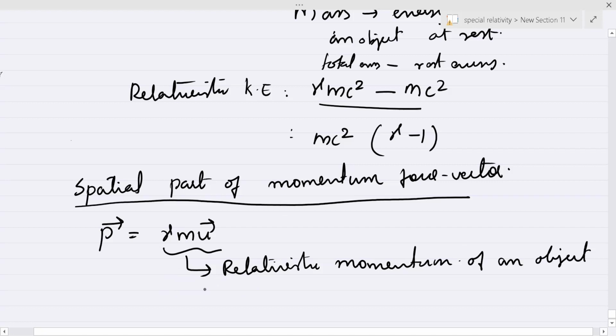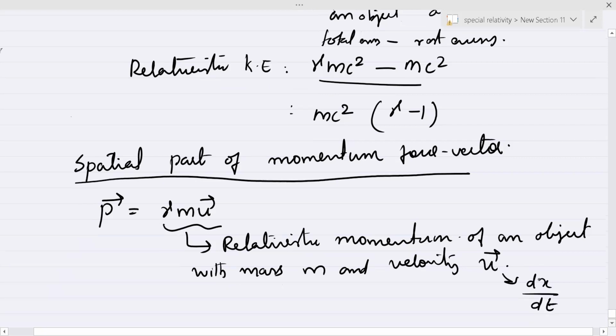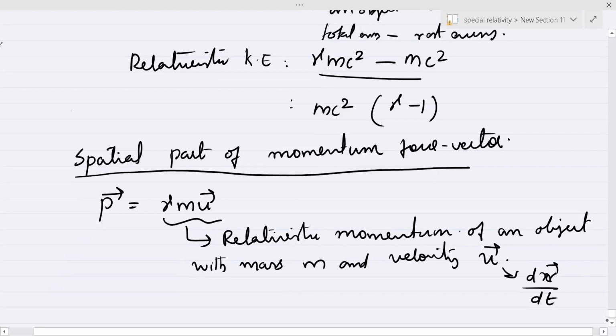This spatial part of the momentum four-vector is the relativistic momentum of an object with mass m and velocity u vector. This is the usual velocity, dx by dt, or dr vector by dt.